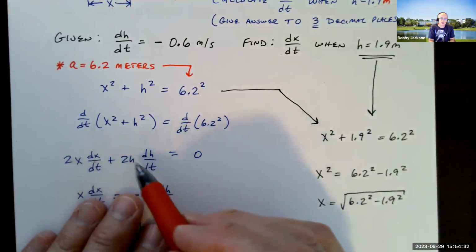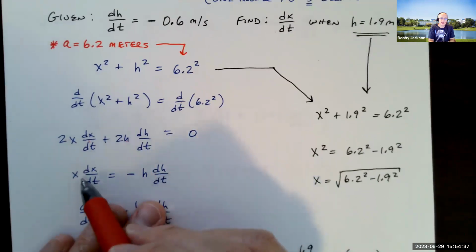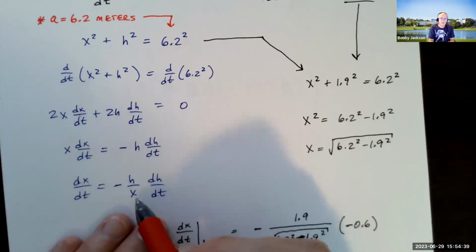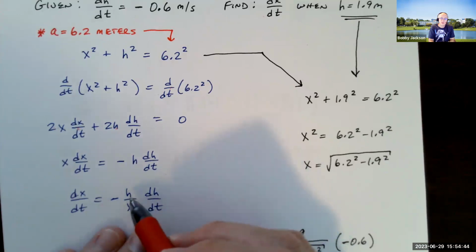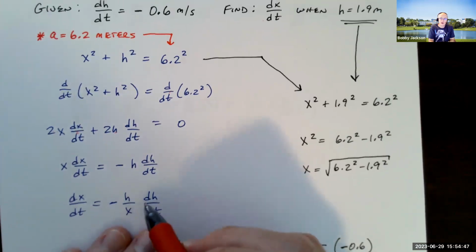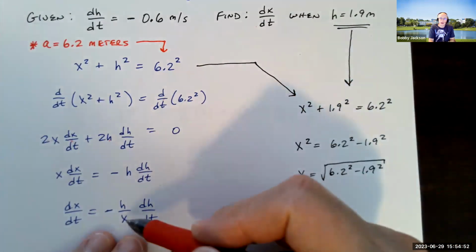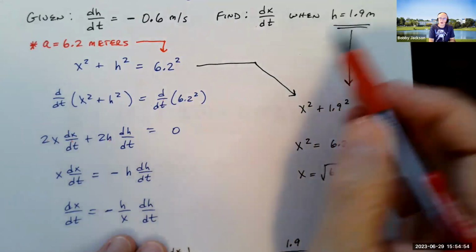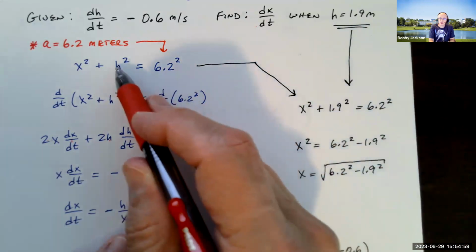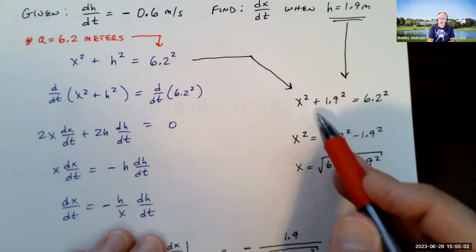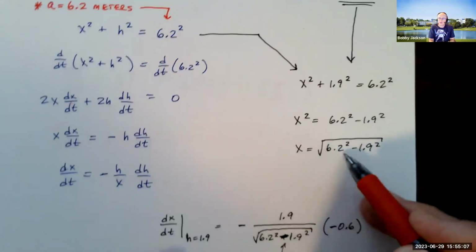Then I subtract the h dh/dt and divide both sides by x. And there's my relationship. Now, in the problem I need to know dh/dt, h, and x. I know dh/dt, that's given, and I know h is 1.9, but what about x? At the instant h is 1.9, because of the Pythagorean relationship, I can plug in h is 1.9 and solve for x: subtract 1.9 squared, and then take the square root. That's going to be the value of x.